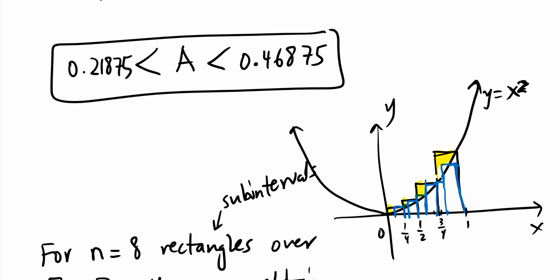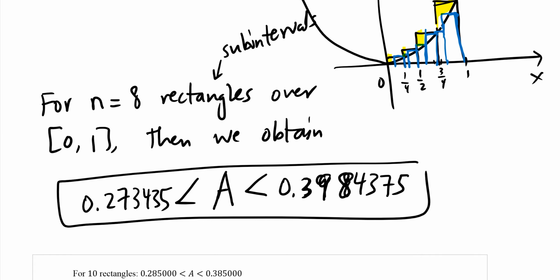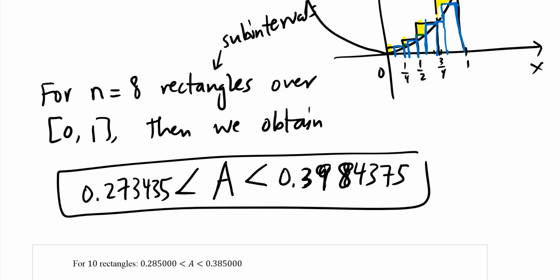So now, what about if we want to look at more rectangles? I looked at 4 subintervals and 8 subintervals. What about if I increase that? I wrote that down here. For 10 rectangles or 10 subintervals, if you go through the work again, the area is going to be between, I'm just going to read the first 2 digits to the right of the decimal point, 0.28 and 0.38. So 38 minus 28 is 10. The previous one, 39 minus 27, was 12.